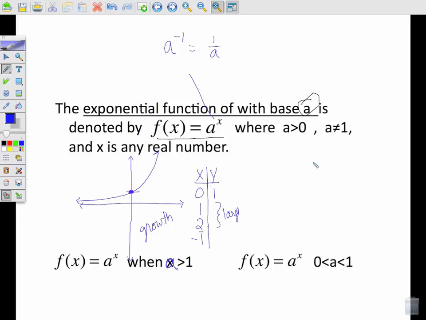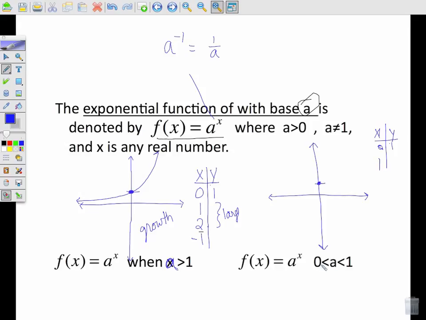All right, let's look at the function when a is between 0 and 1. Well, we already know what happens at 0, the y-intercept. But what happens if I substitute a number in, such as a power of 1?